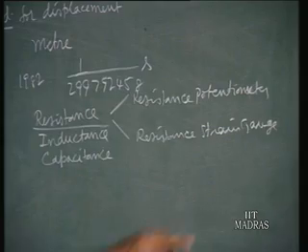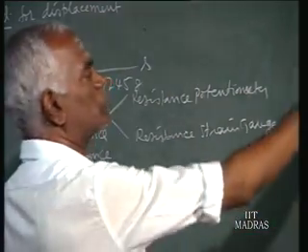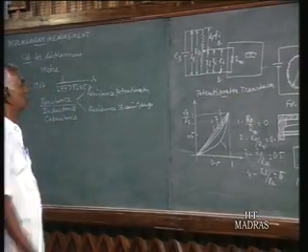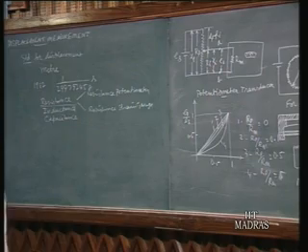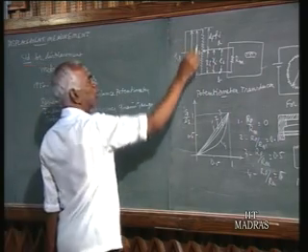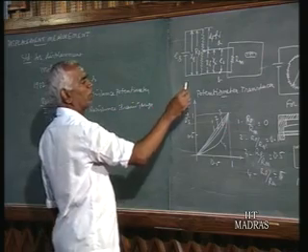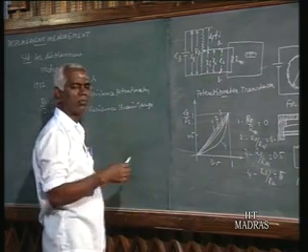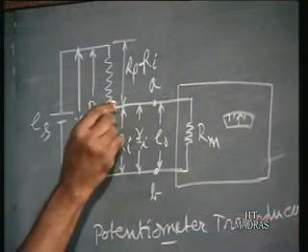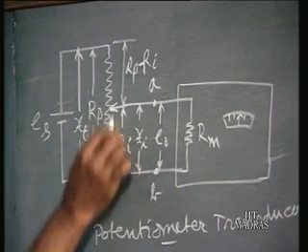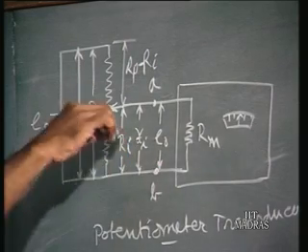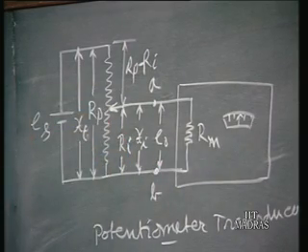And the first figure shows the potentiometer transducer, that is our resistance potentiometer. It is made up of a resistance Rp, the total resistance Rp, and whatever displacement we want to convert in terms of voltage is given to the contact point. So the contact point will be moving up and down when we give the displacement of a machine member, for example.